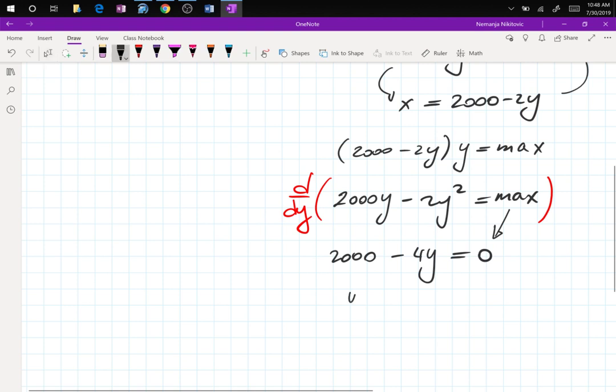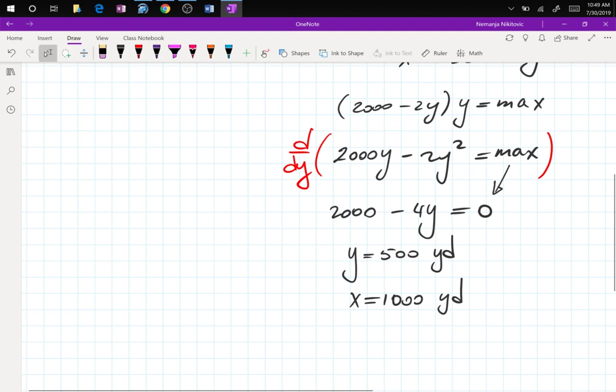So now y is equal to 500 yards. When you solve this equation, 4y equals 2,000, 2,000 divided by 4 is 500. And that will give us that x is equal to 1,000 yards.